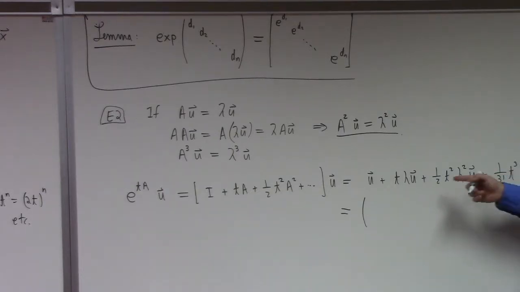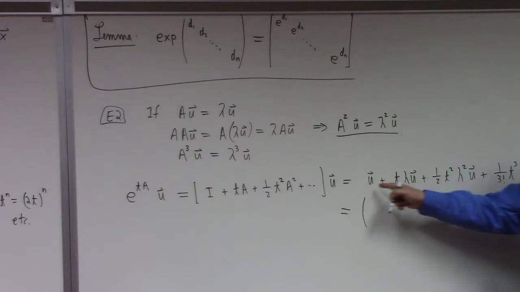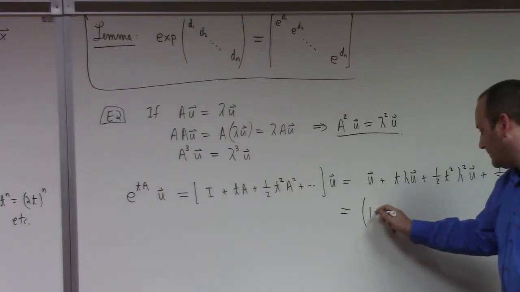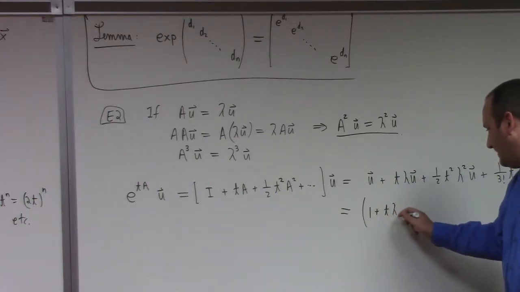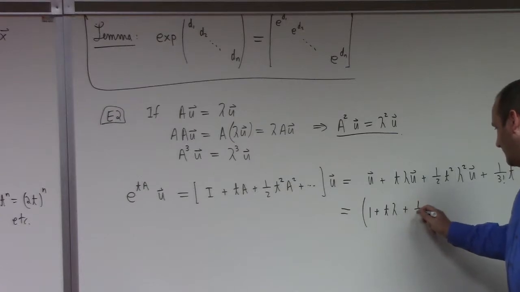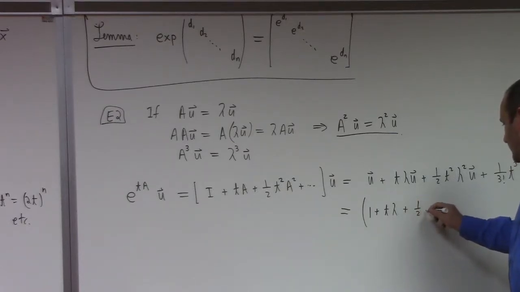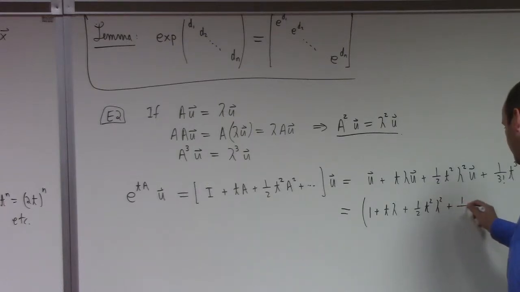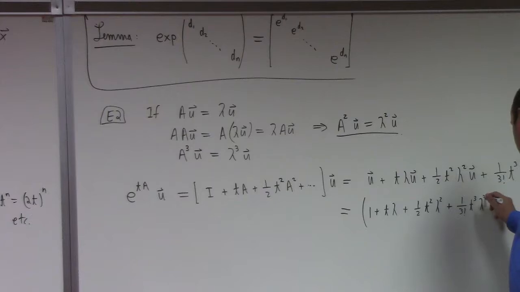This is just a scalar multiple of the vector u. What's the scalar multiple? There's a 1, plus t lambda, plus 1/2 t squared lambda squared, plus 1/3 factorial t cubed lambda cubed. Can you recognize what that is?